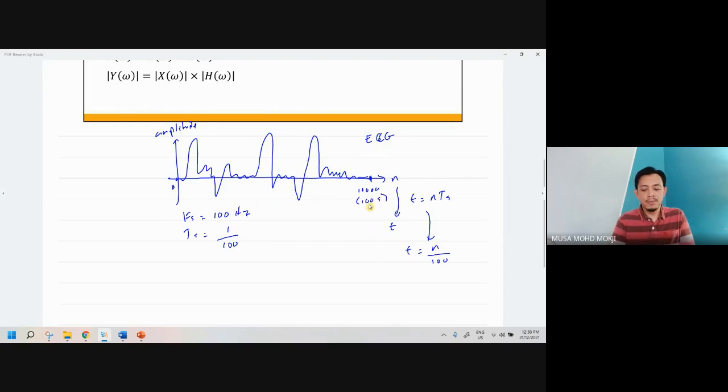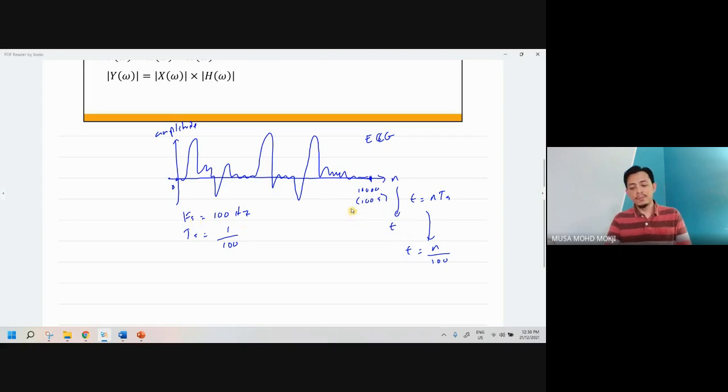That's how you convert it. At index 10,000, how many seconds? This is 100 seconds, if the sampling frequency is 100 Hertz.